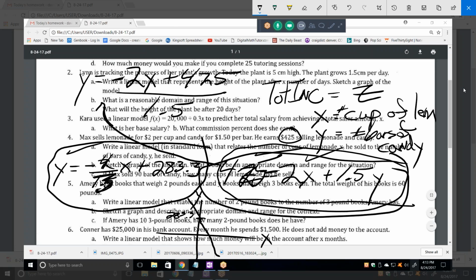Notice that if I sold 0 cups of lemonade, I sold 283 candy bars. At $1.50 per bar, that would give me $425 in candy bars alone, 0 in lemonade sales. So notice that if I sold 0 bars of candy, that's this point here, then that's how many cups of lemonade I must have sold in order to earn $425, which is like 212 cups of lemonade.